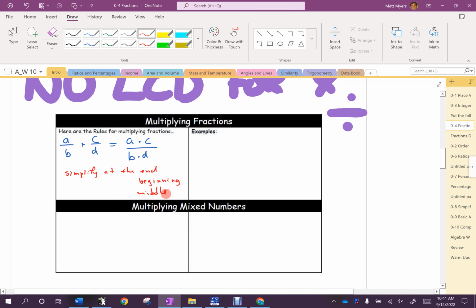There's all kinds of spots to simplify. Who decides where you like to simplify? You decide, right? Okay, so let's start with a nice easy one. 2/3 times 1/2. Does that red look exactly like the blue? Of course it does. So what do I do with 2 and 1?